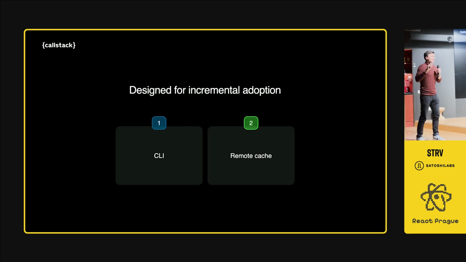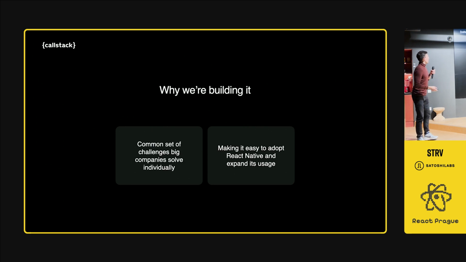So if you'd like to adopt our framework, it's an incremental migration. You can first integrate and adopt the CLI, and then on top of that, you'll be able to get access to this remote caching where most of the value lives.